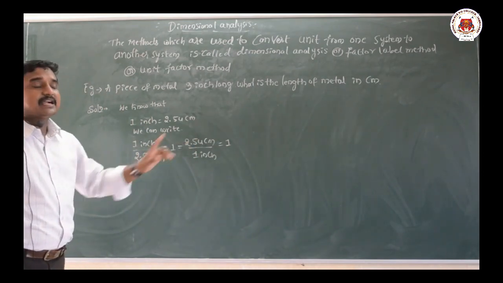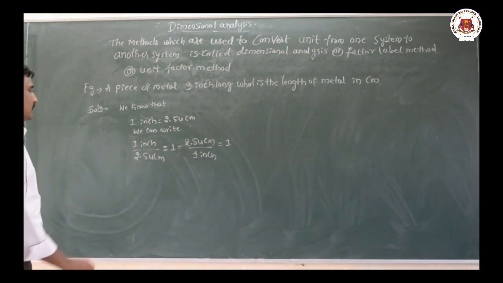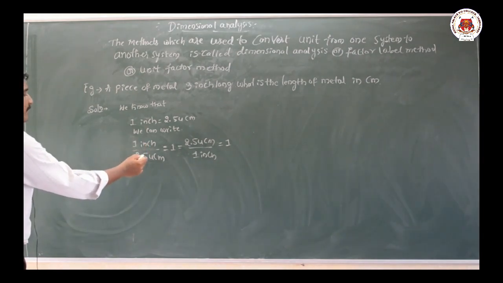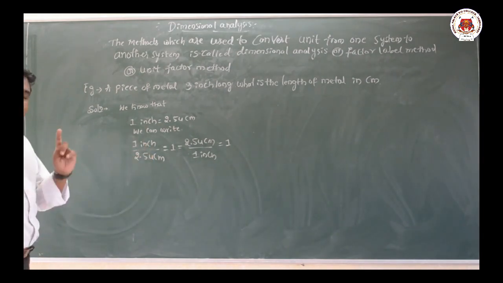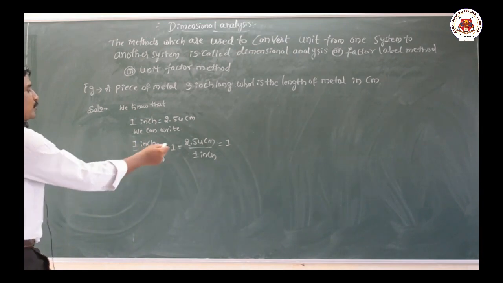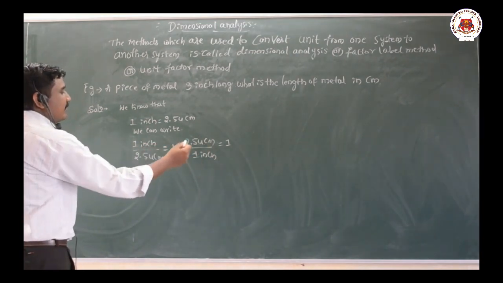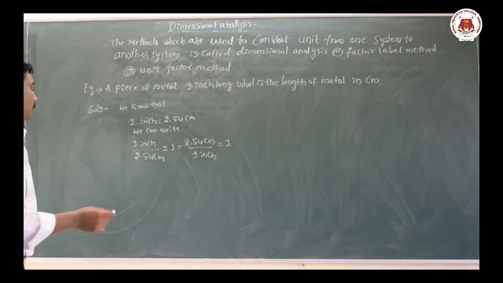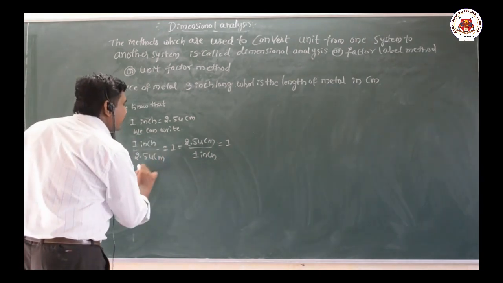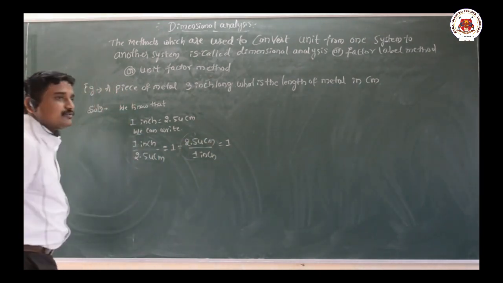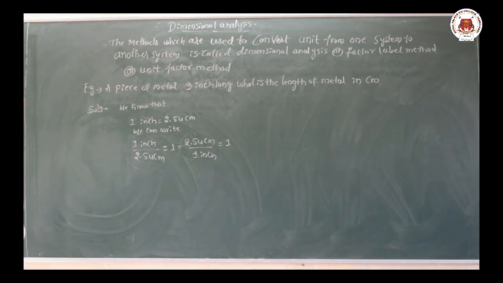These two factors are called unit factors: 1 inch divided by 2.54 centimeter equals 1, and 2.54 centimeter divided by 1 inch equals 1. If you multiply any number by this unit factor, which is 1, the number will not be affected.